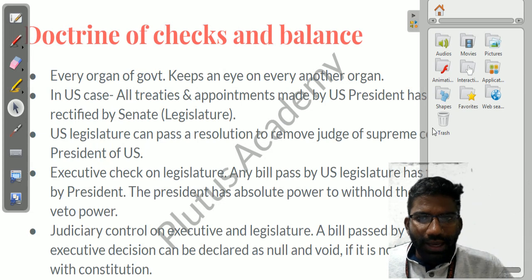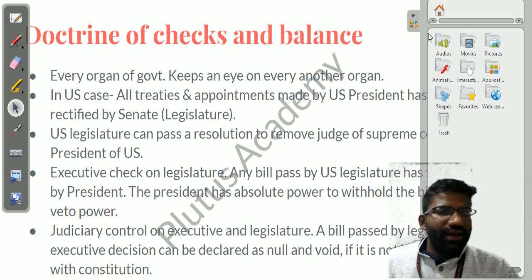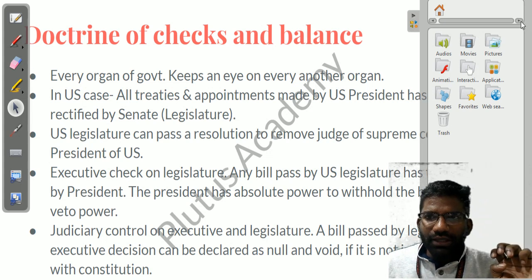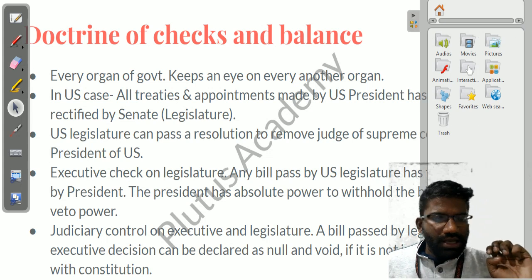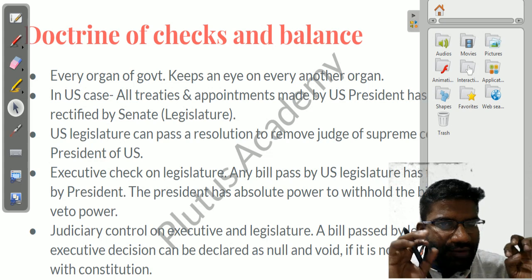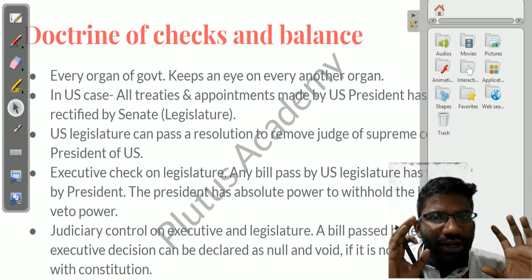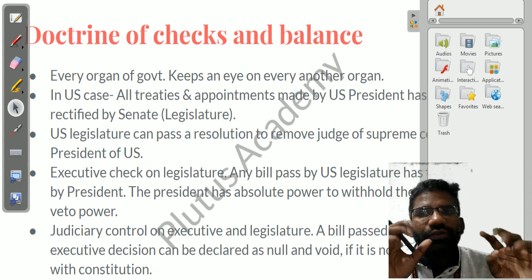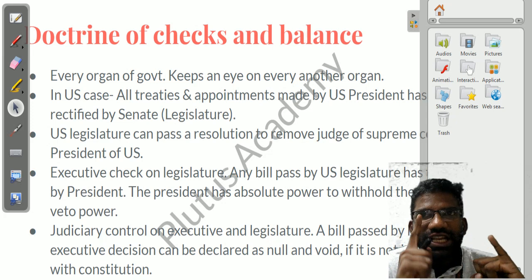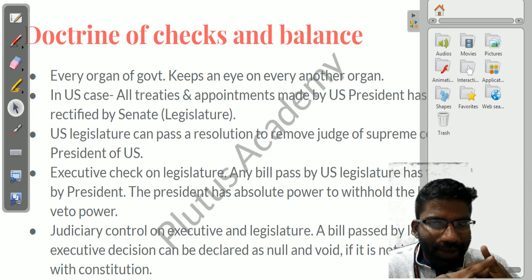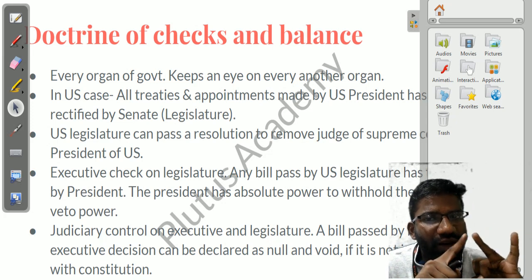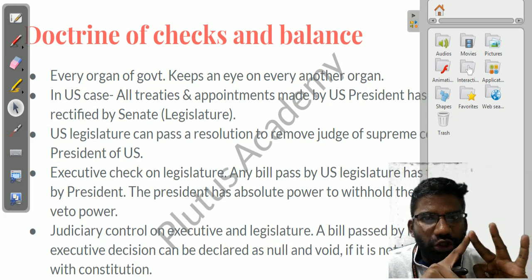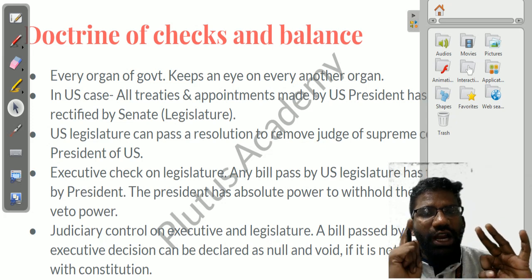The next topic is the doctrine of checks and balances. See, the concept is very easy. In the doctrine of separation of powers, we said that all the functions of government should be performed by different organs of the state. That is, the legislature should be involved in law making, the executive in law implementation, and the judiciary in law adjudication.